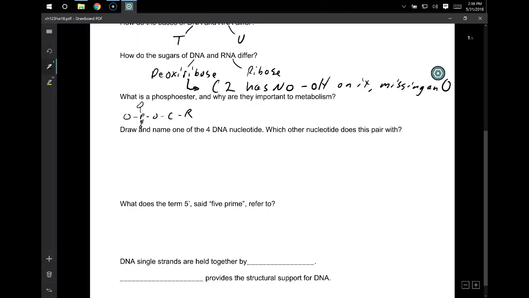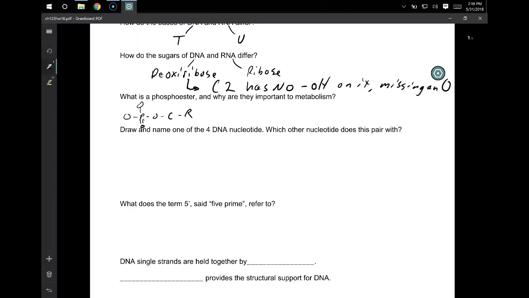Carbon and then something else over here. So one of these phosphate, or the phosphate, is doubly bonded to one of these oxygens. And so it looks like an ester, except I've got a phosphate substituting for one of my carbons.